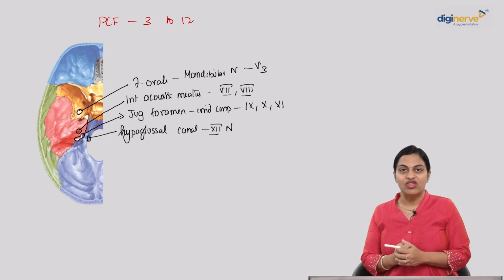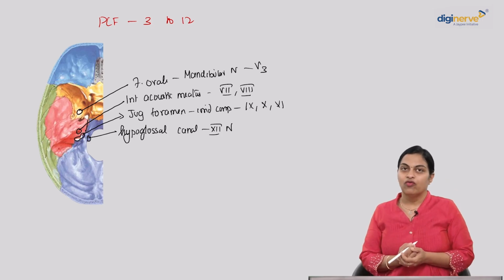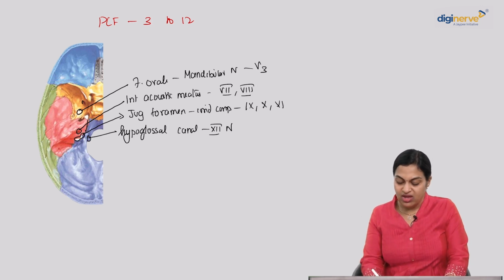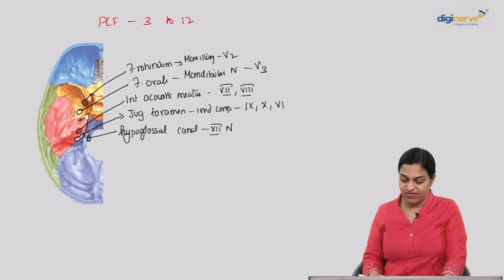What are the 3 divisions of the trigeminal nerve? Ophthalmic nerve, maxillary nerve and mandibular nerve. Foramen ovale transmits the mandibular division. This is the foramen rotundum. The foramen rotundum transmits the maxillary division of the trigeminal nerve, the 2nd division.